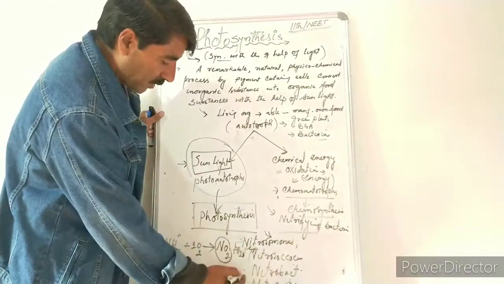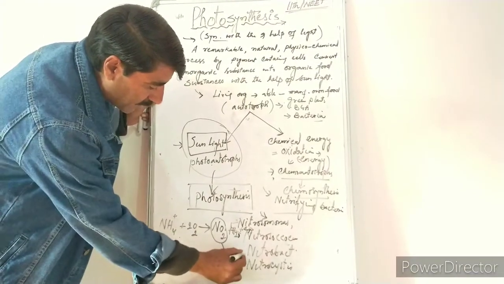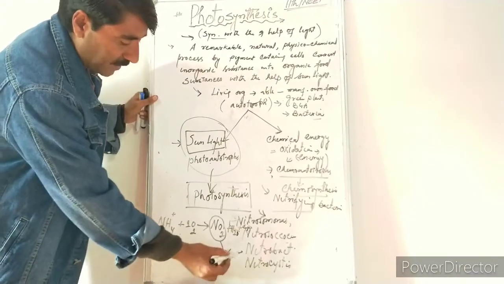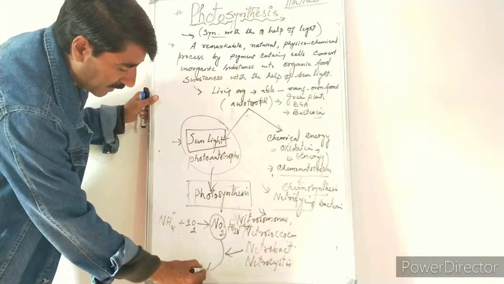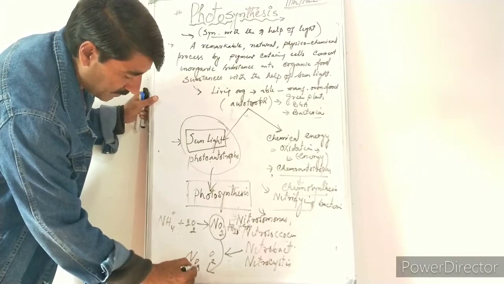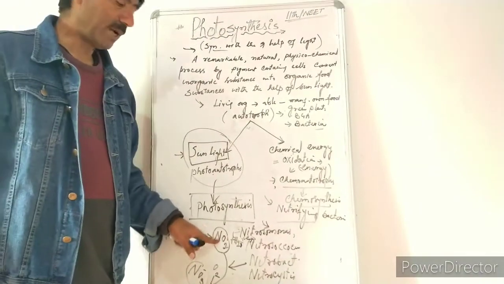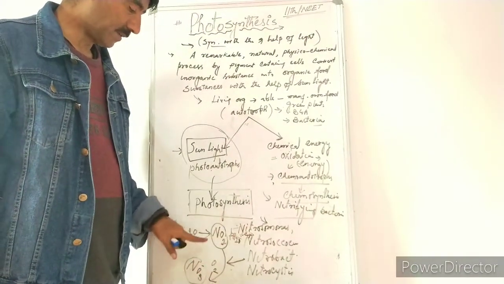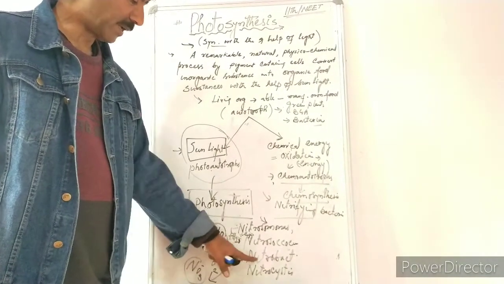Now again, this nitrite is then acted upon by the nitrate bacteria, that is Nitrobacter and Nitrocystis. They oxidize it into nitrate. Now the ammonium is converted into nitrite by these nitrite bacteria, and this nitrite is then converted into nitrate by nitrate bacteria.